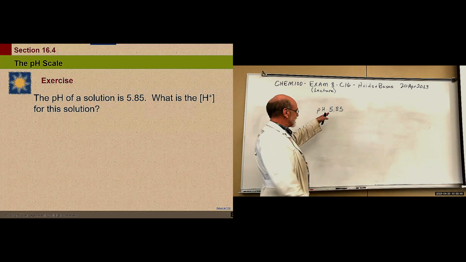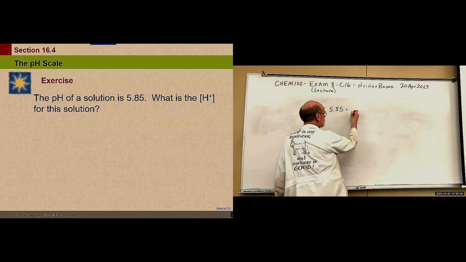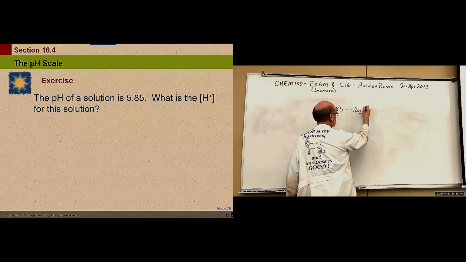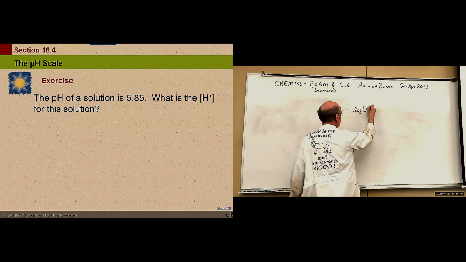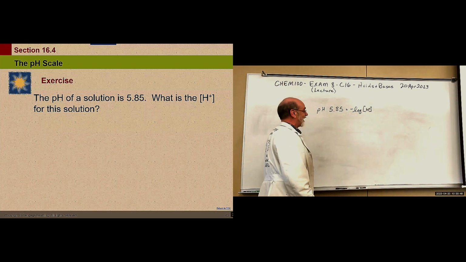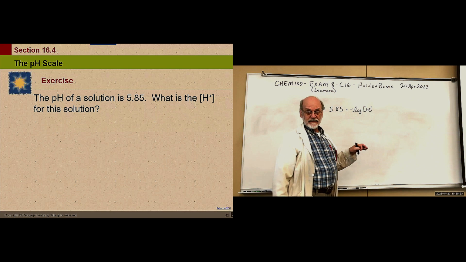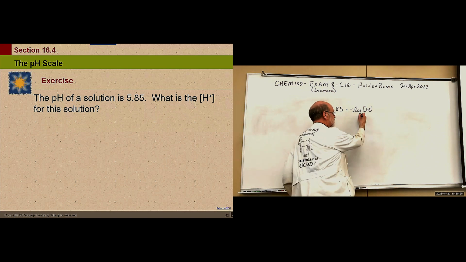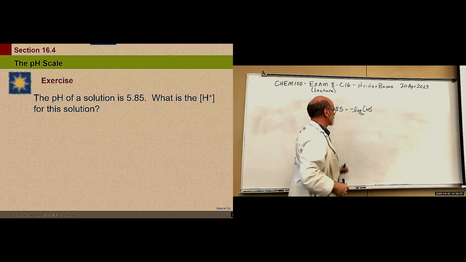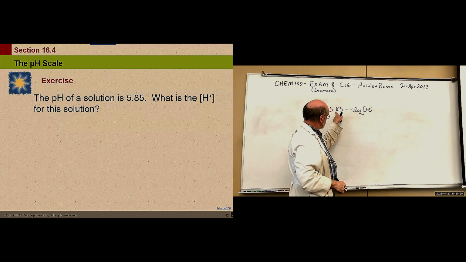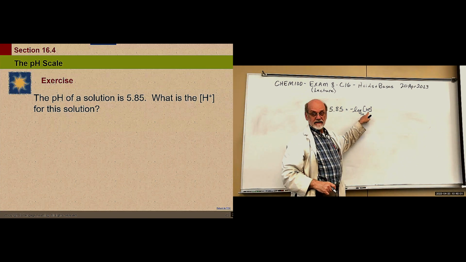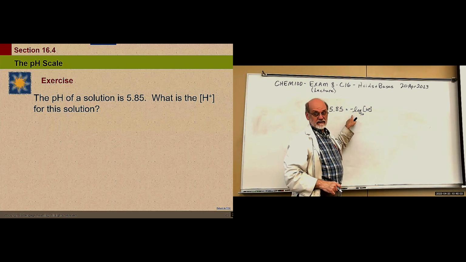What does that mean? That's equal to the negative log of hydrogen ion concentration. Okay? Well, what does a log mean? A log, this is base 10. This is the power of 10 that equals that, except that we got a negative there. Right?